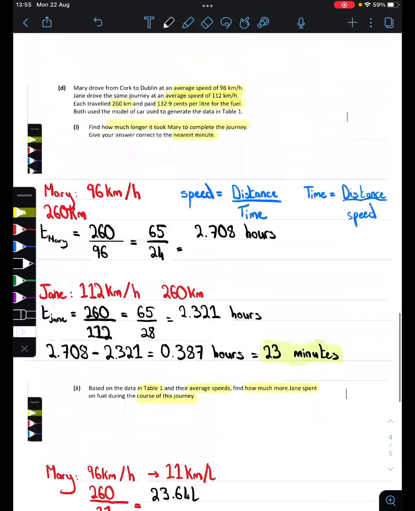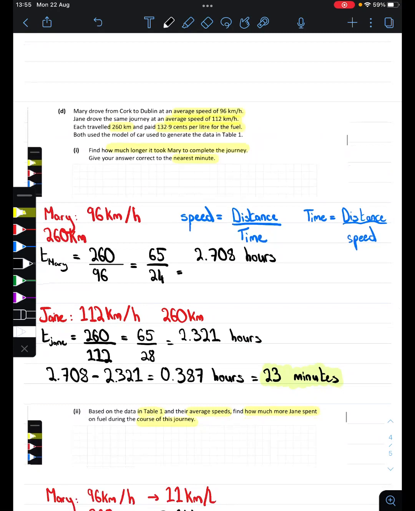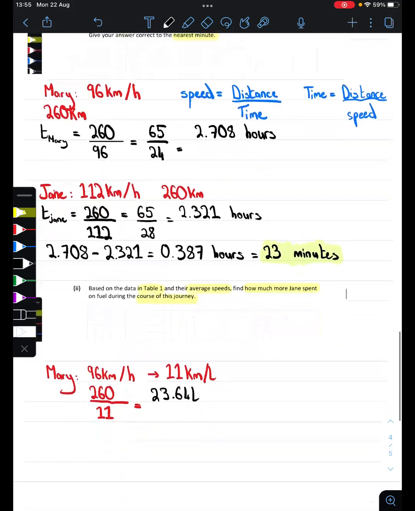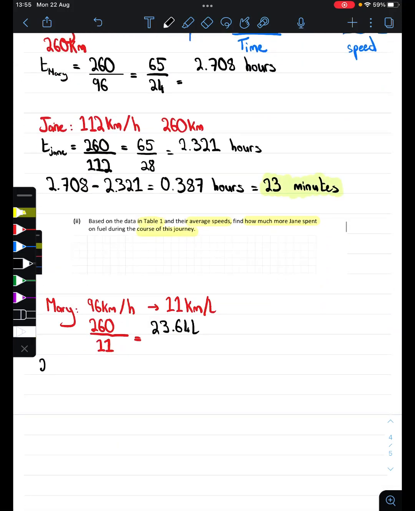And how much did that cost her? Well, we know that the fuel is 132.9 cents per liter. So if we multiply the amount of liters she used, 23.64, by the cost, so amount of liters times the cost of 1 liter should give the amount she spent. So just total cost.